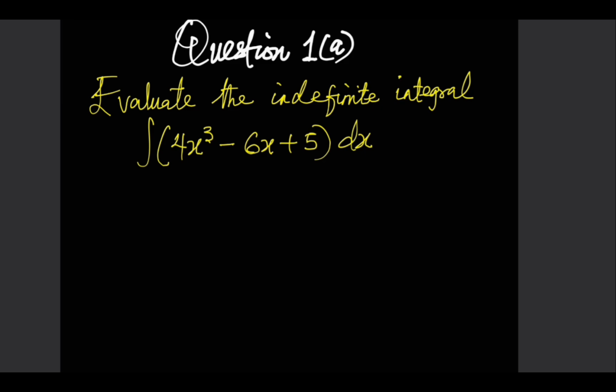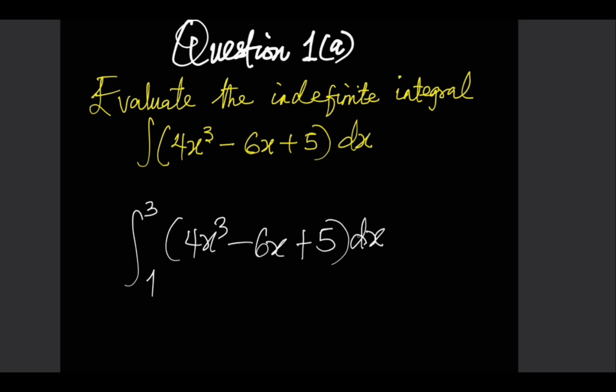For example, if we had something like the integral with upper limit 3 and lower limit 1 of 4x cubed with respect to x, then 1 would be the lower limit and 3 would be the upper limit. This would be called the definite integral.